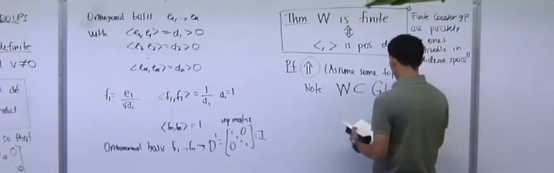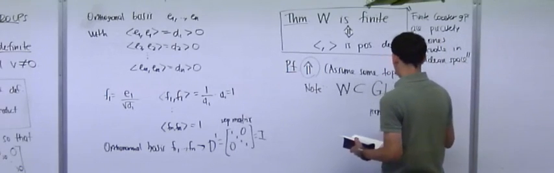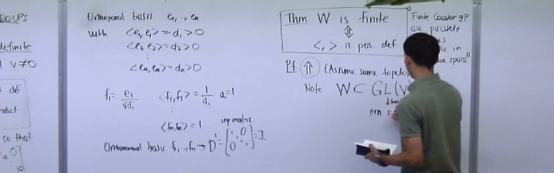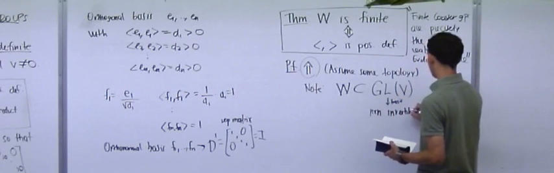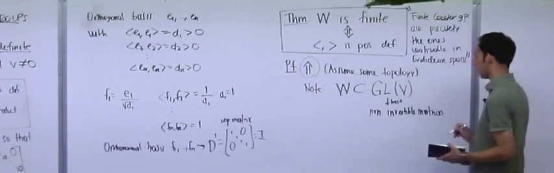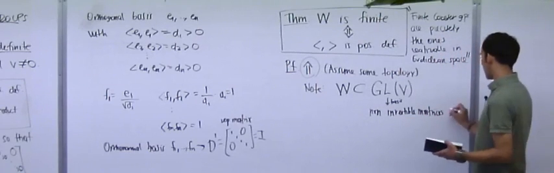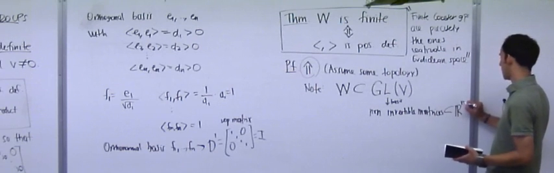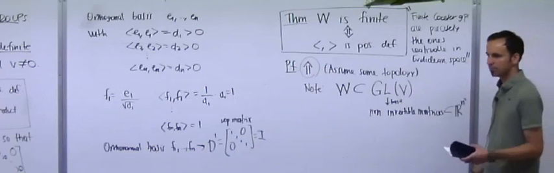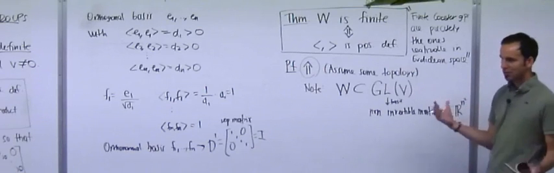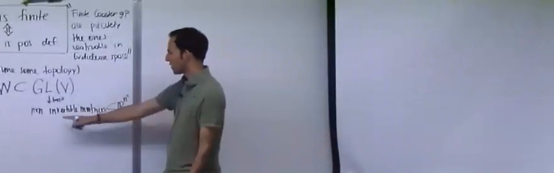So if I choose a basis, then I can think of this as n by n invertible matrices. And the n by n invertible matrices live inside the space R to the n squared. These are real matrices, and so R to the n squared you can think of as the space of all matrices. Some of them are invertible.